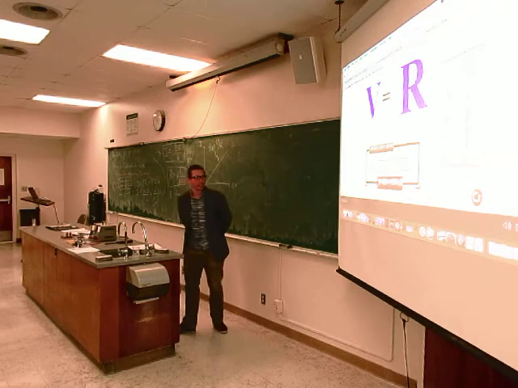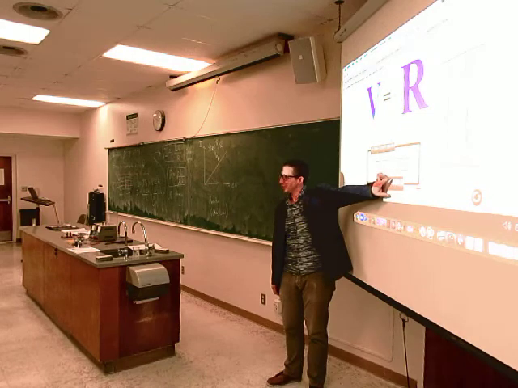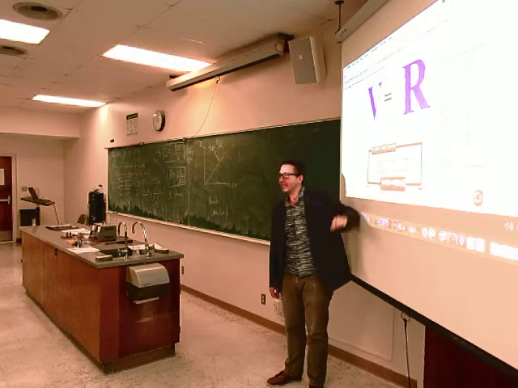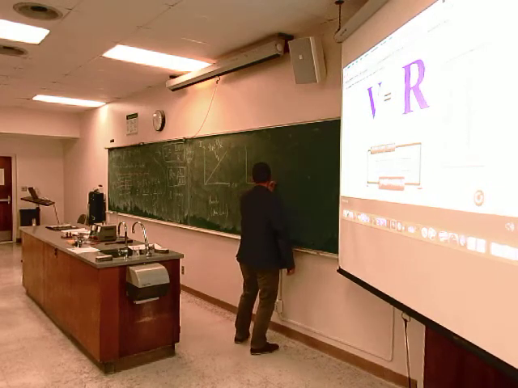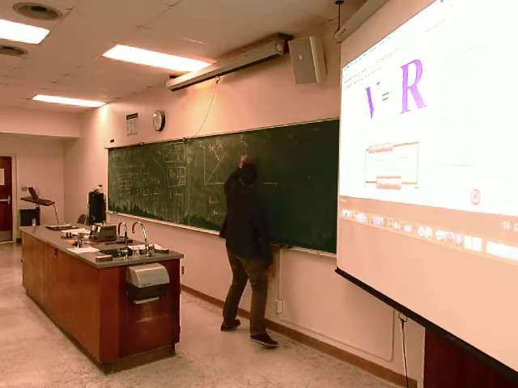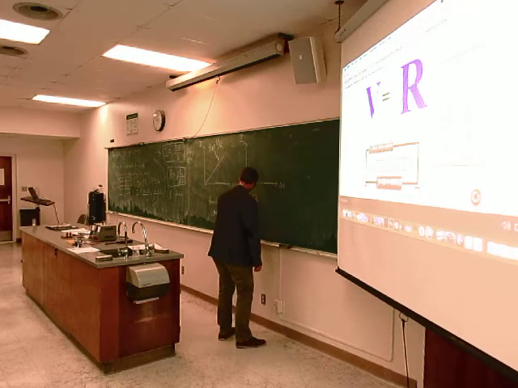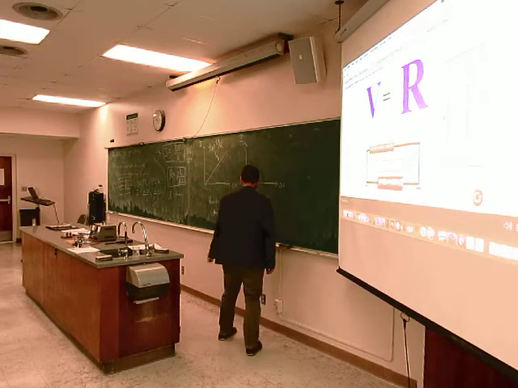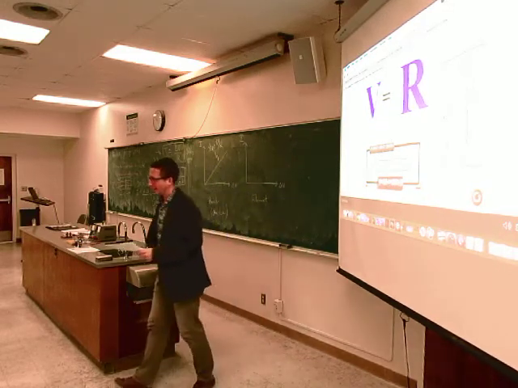So let's say this resistor now is a light bulb filament. I want you to sketch the same graph, I versus V, for a light bulb filament. I want you to work on this individually to sketch your prediction.